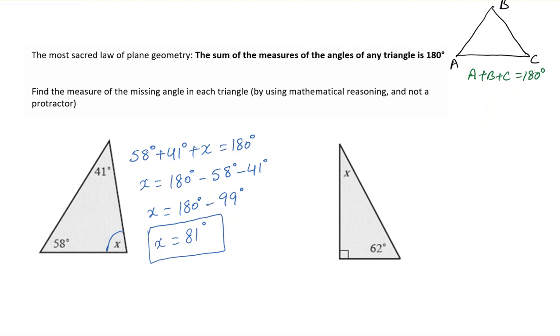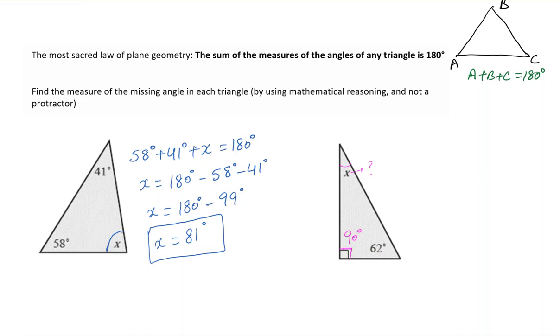Let's take a look at our second example. In this case, we need to figure out this angle x, and this angle is given as 62 degrees, and this angle is the corner angle, so it's 90 degrees, the right angle.